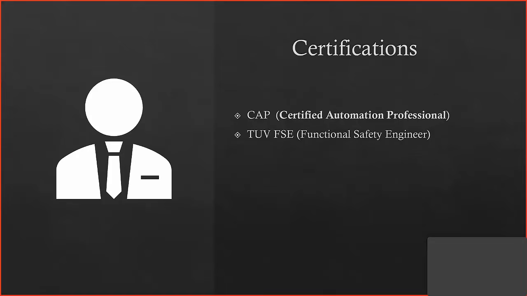If you want to be certified as an automation professional, you have to go through the previous standards, and then there is a book, a body of automation knowledge, which has been compiled and published by the ISA. They regularly update it as well.